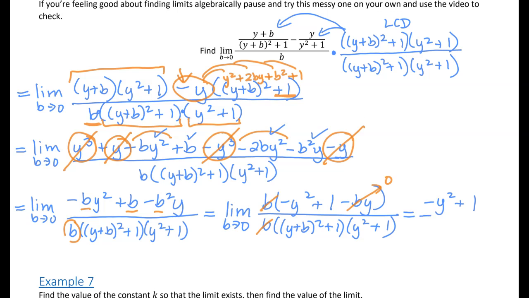On the bottom, I'm left with the, okay, so y plus b squared, this becomes just y squared because the b is 0. So it's a y squared plus 1 multiplied by another y squared plus 1. So we can just put a square there. So that is where you should end up. I hope you had some luck at least getting close on that one. It's really good practice.